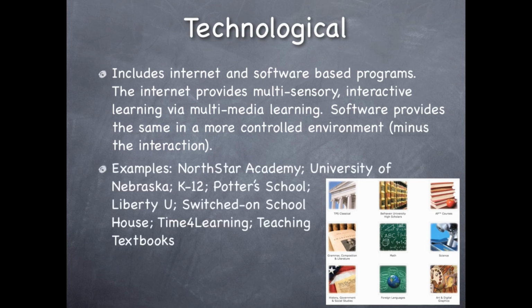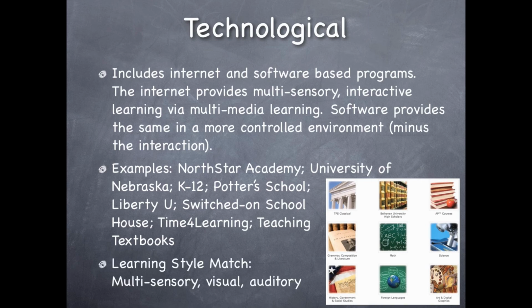Here are some examples: North Star Academy, University of Nebraska, K-12, the Potter School, Liberty U, Switched On Schoolhouse, Time for Learning, and Teaching Textbooks. All of these would use technology in one way or another to be able to teach.